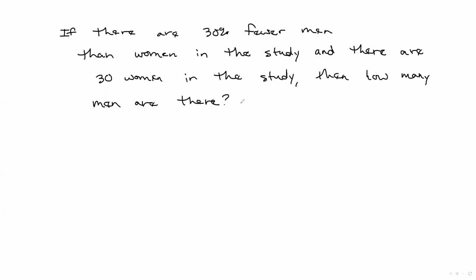Okay, and so we can go through and use the same method. We've got our comparison over the baseline equals the negative percent plus 100%. So the comparison, that's the unknown here. That's the number of men. And how do I know that? It's because as soon as you read 30% fewer men than women, that means women is the baseline.